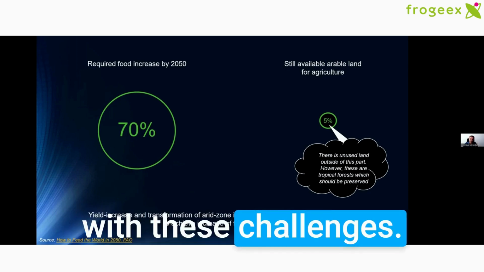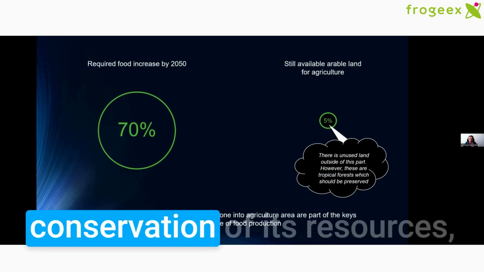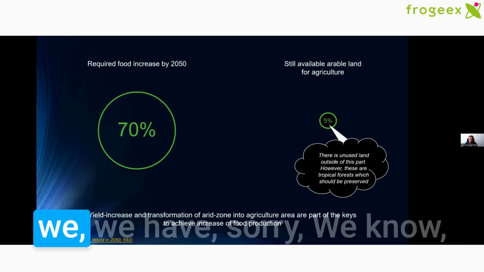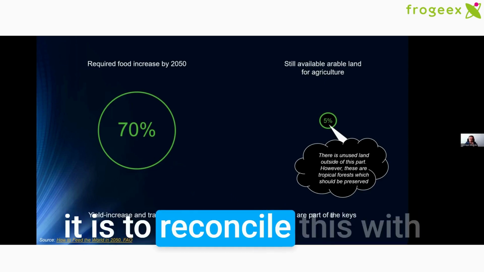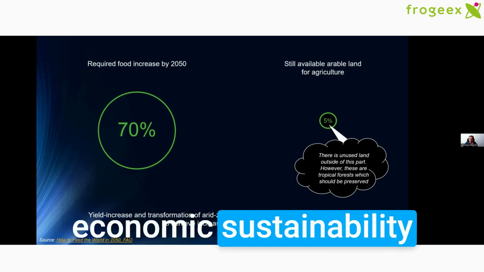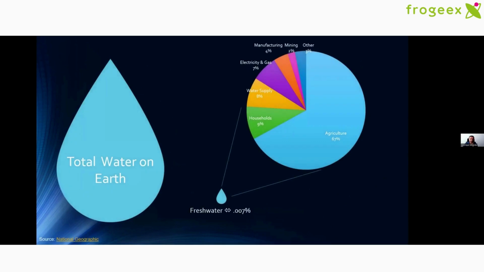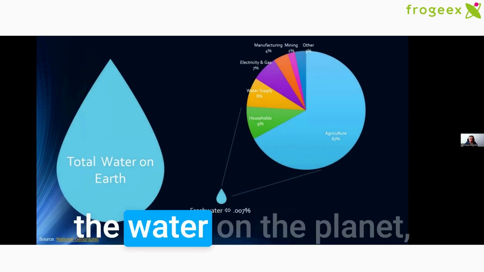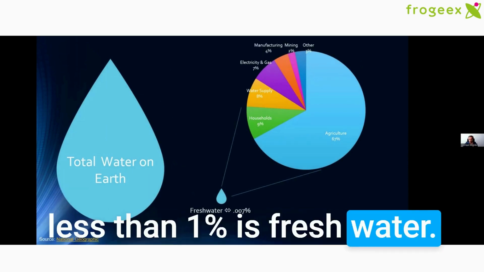Faced with these challenges, and because we care about the future of the earth and the conservation of its resources, we know how important it is to reconcile this with the economic sustainability of agriculture businesses. We know that from all of the water on the planet, less than 1% is fresh water.